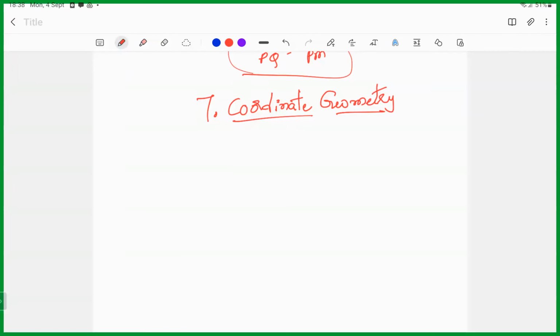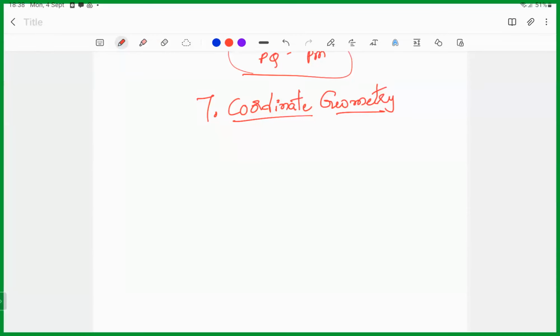Right. Or even a heartbeat. Heartbeat is represented in 2D, right? What else are some real applications that you see? Yeah, like all the shapes. So parabola, hyperbola, right? All this you can plot using this 2D coordinate geometry.